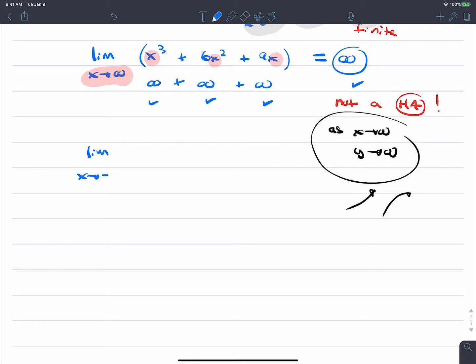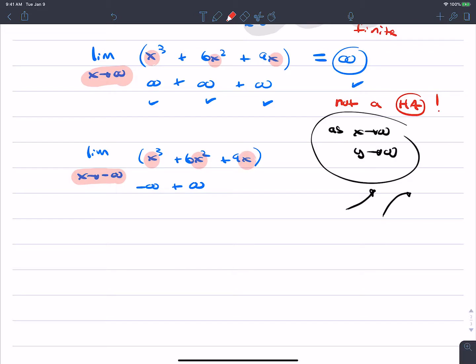Limit as x goes to minus infinity of x cubed plus that 6x squared plus your 9x. Okay? So now we do the same thing. Now x goes to minus infinity. So what happens here? Well, this is the same x, so we get minus infinity plus, this is the same x, infinity. 6 times infinity is positive infinity.